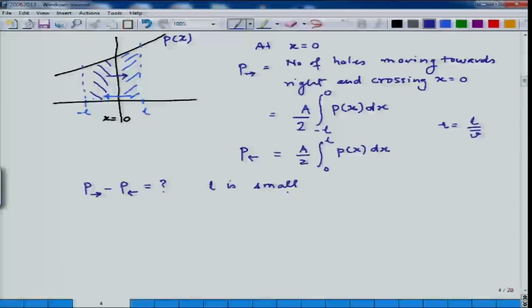Hence I can make some approximation for P of x, and I can take the Taylor series and limit the expansion to the first few terms.